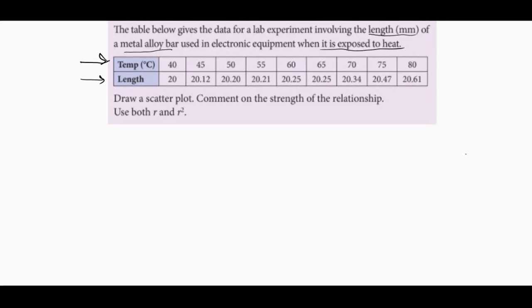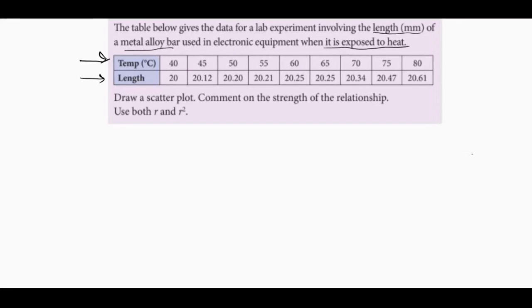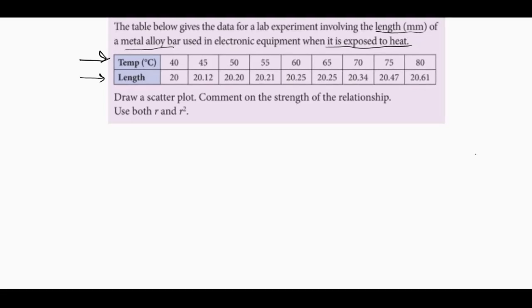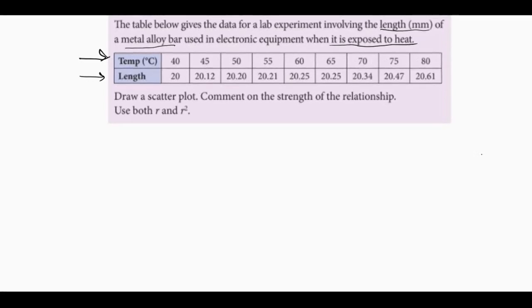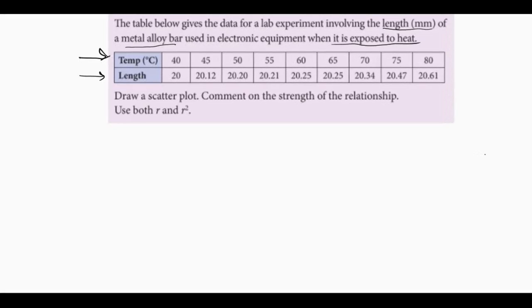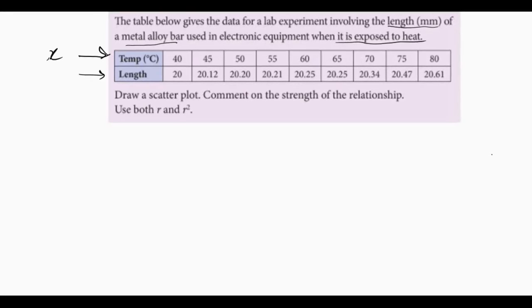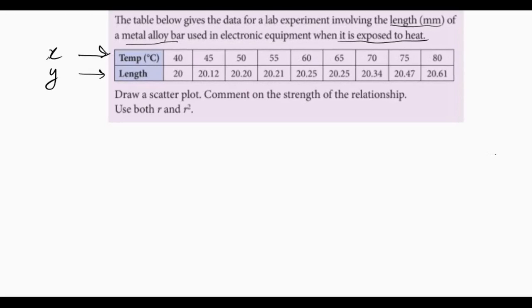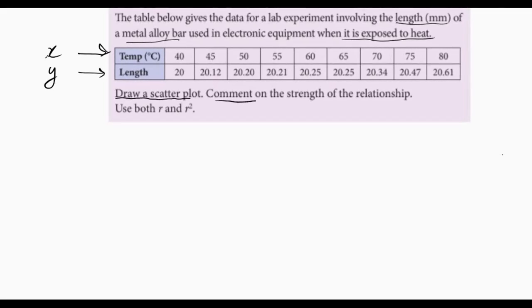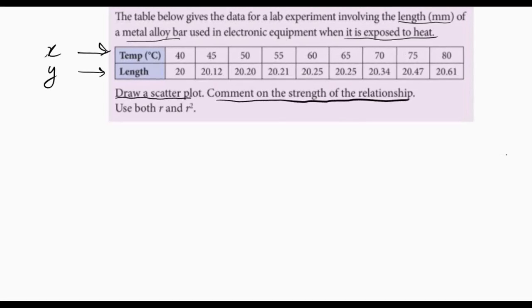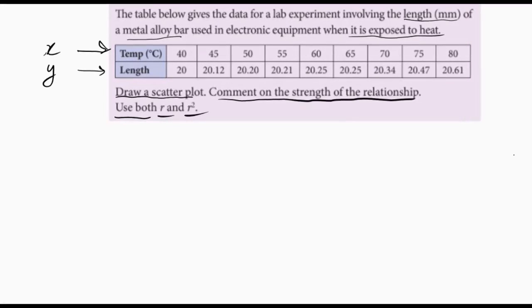Here, the explanatory or independent variable is obviously the temperature, because that is what is being manipulated in the experiment. Therefore, the length will be the response or dependent variable. So we will put this on the x-axis and this on the y-axis. It says, draw a scatter plot, comment on the strength of the relationship, and then use both r and r squared.